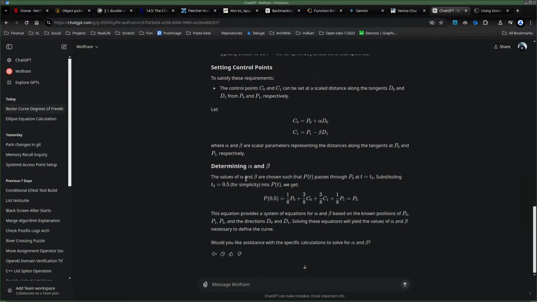The values of alpha and beta are chosen such that P(t) passes through P3 at some t value, substituting t3 as a half. I'm not sure we can choose that, but okay.